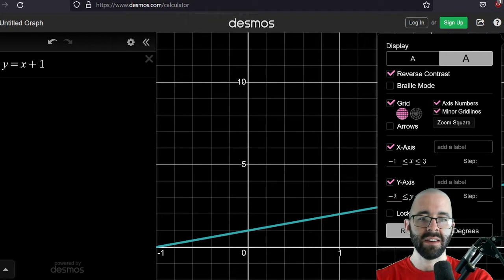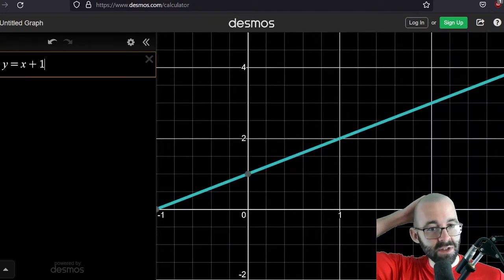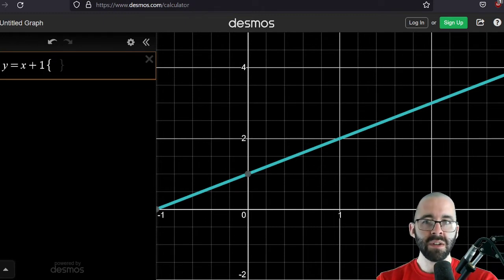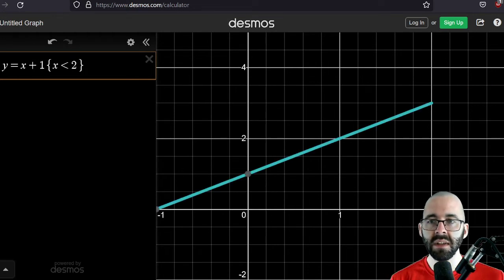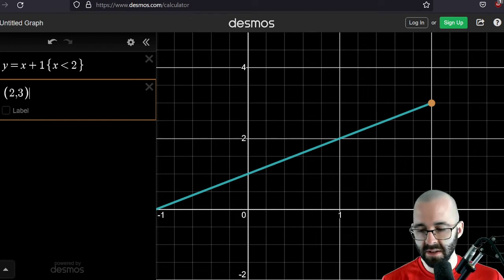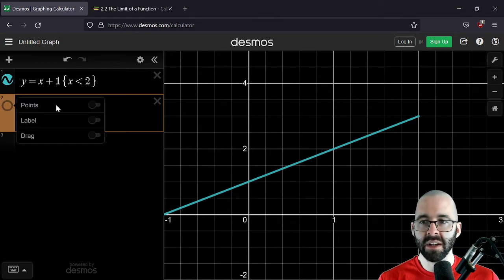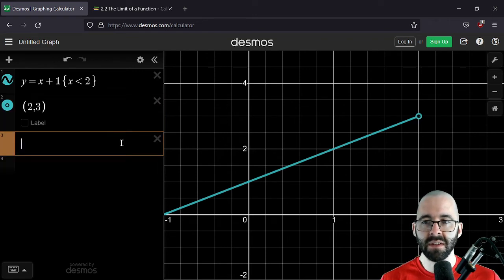To graph a piecewise function, graph the function part, and then in brackets on Desmos, that's where you tell it the domain: x is less than 2. We'll want to draw an open circle since the 2 is not included. So to draw the open circle, we're going to do 2, 3. Let me zoom out a little bit so you can see. Hold down a click, write a point, make it blue, making an open circle.